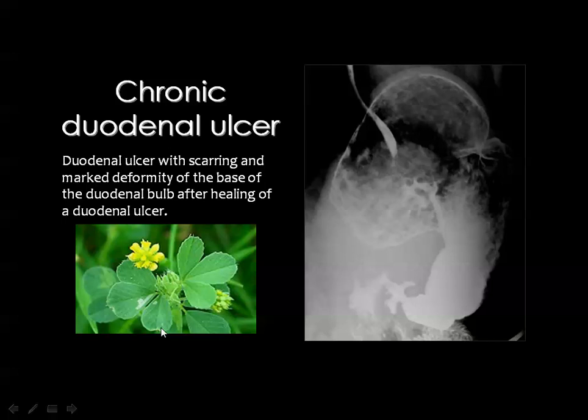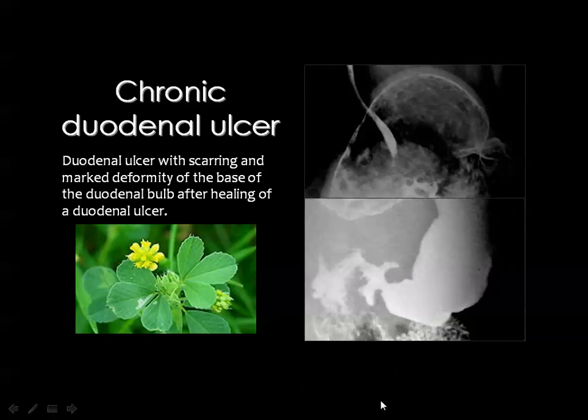And after healing of an acute duodenal ulcer, there is some kind of fibrosis and contraction and deformity of the duodenal cap. And in this situation, you can see the typical appearance, which is known as the trifoil deformity of the duodenal cap.